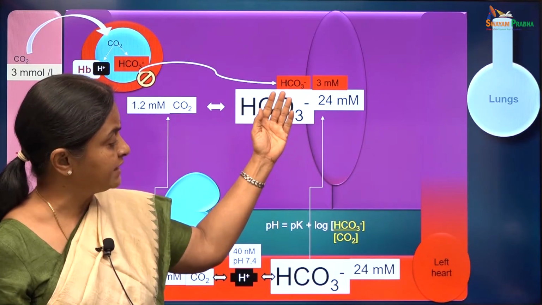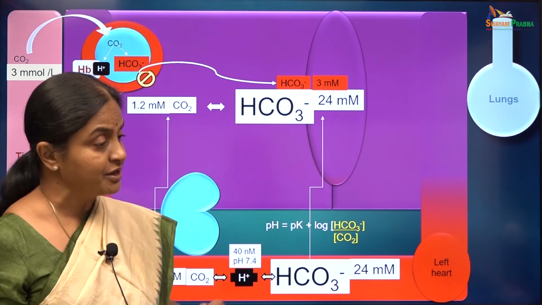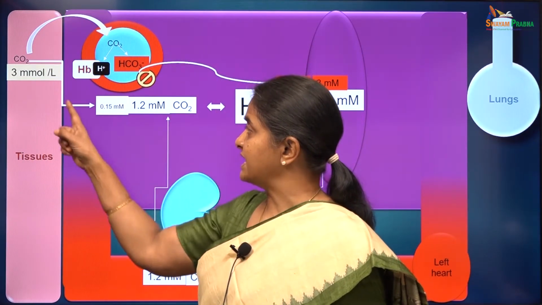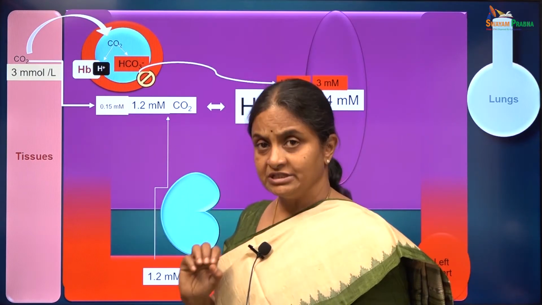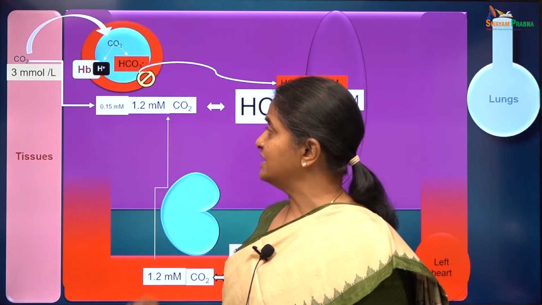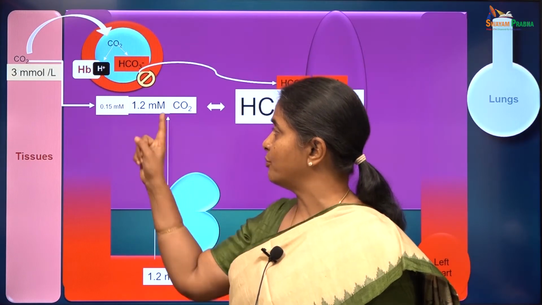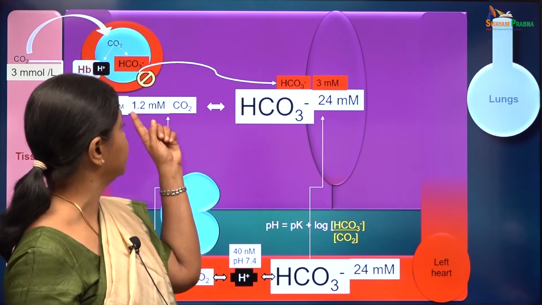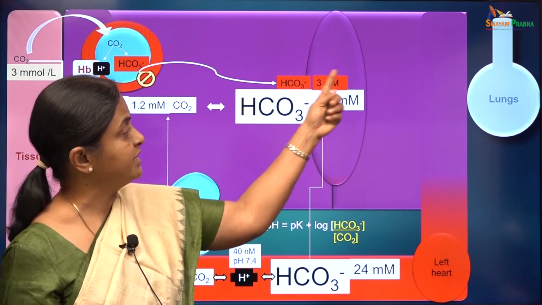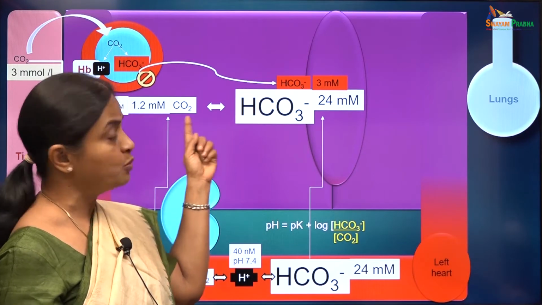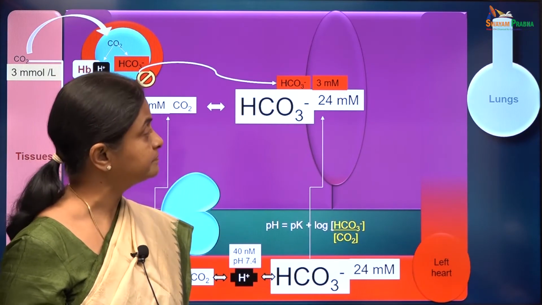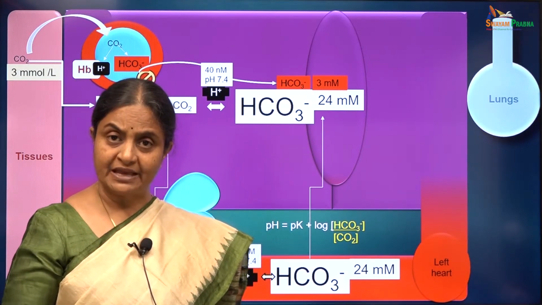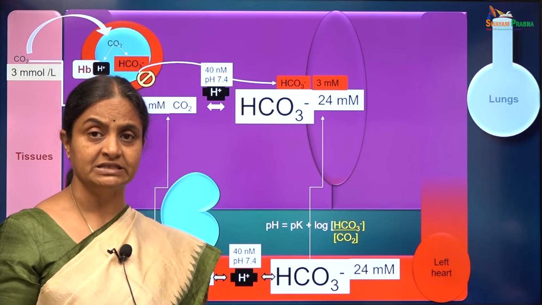This is not likely to change the pH as well, because some amount of carbon dioxide moves into the dissolved state, keeping the venous carbon dioxide concentration at 1.35 millimolar, again keeping the ratio between bicarbonate and carbon dioxide at 20. 27 divided by 1.35. So, we expect the plasma pH to be maintained even in venous blood.